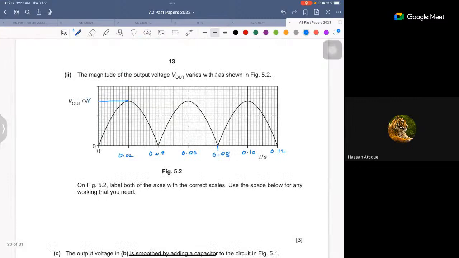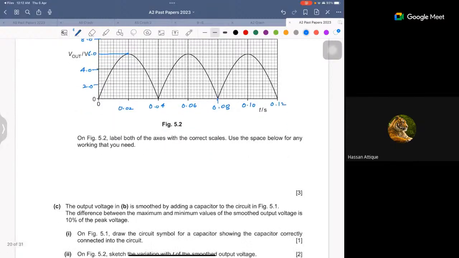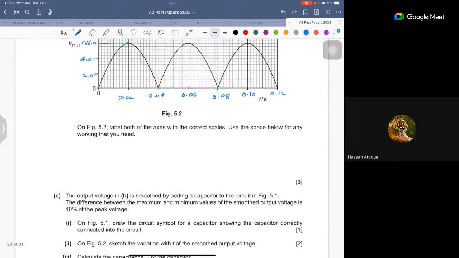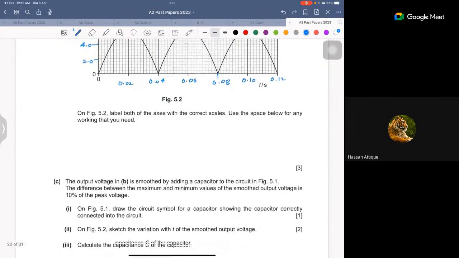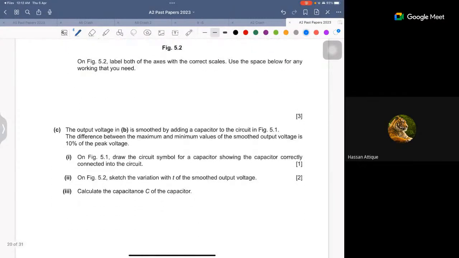So you have to put 6.0 right here. If this is 6.0, then we can put it like this: 2, 4, 6, like that, and 8. I think that would do. Okay, then we have done this, and for 3 marks, very nice. And then we're going to go to the next.